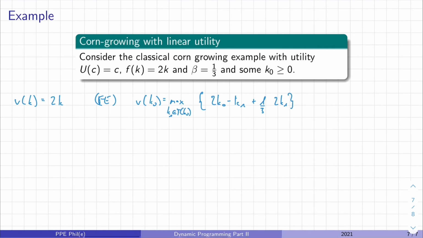We can see that this is a linear function in k1. If it wasn't, we might try to look at derivatives or something like this, but here it's a linear function, so let's look at it. This is actually 2k0 minus 1 over 3 k1, so obviously the maximum is for k1 equal to 0. Now if we plug this in, we actually see that v(k0) is equal to 2k0.